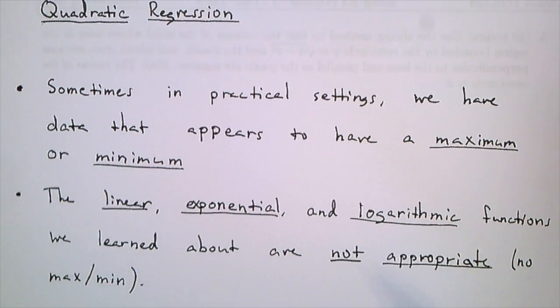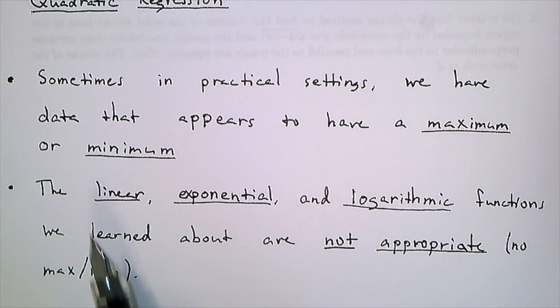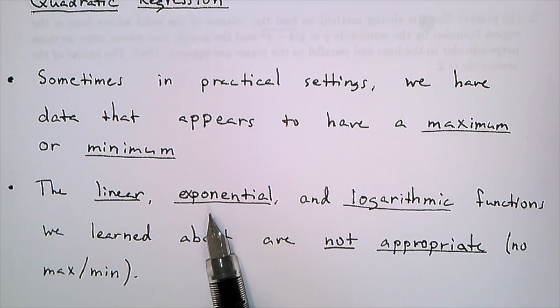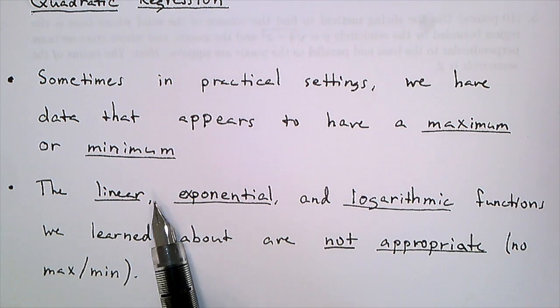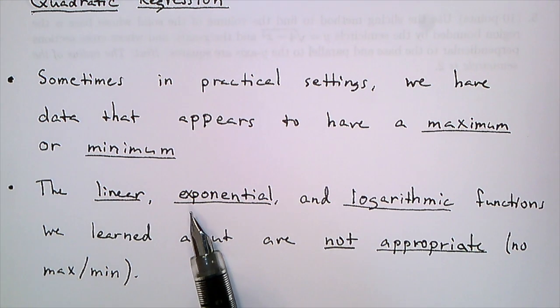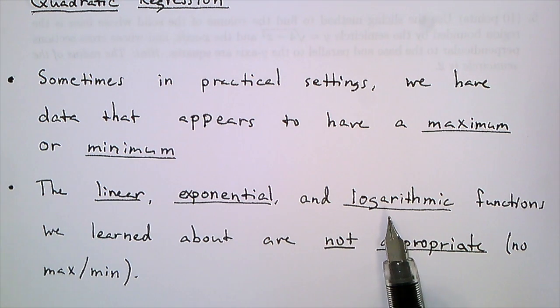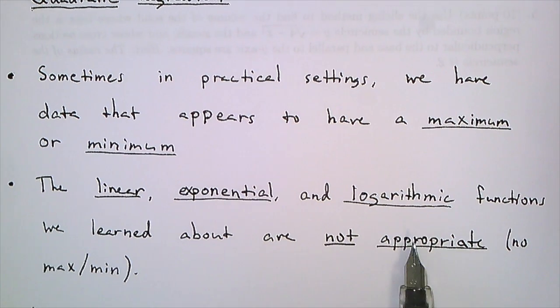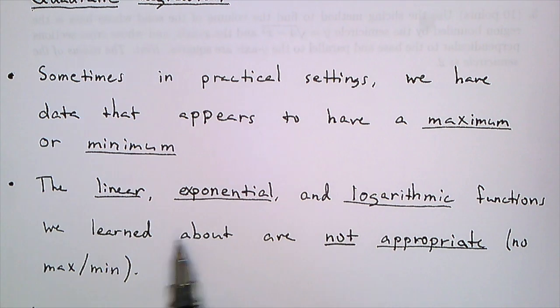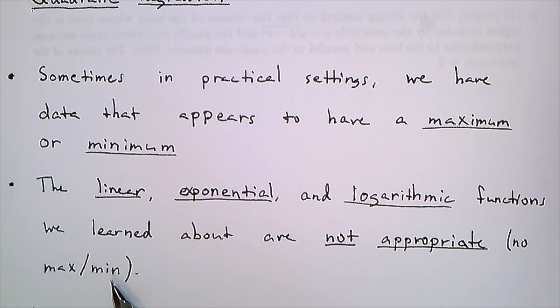The tools that we've learned so far, using linear, exponential, and logarithmic functions to fit data, so these were linear regression, exponential regression, and logarithmic regression, are not going to be appropriate for this kind of data, because those kinds of functions don't have a maximum or a minimum.